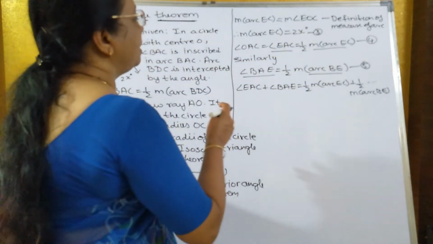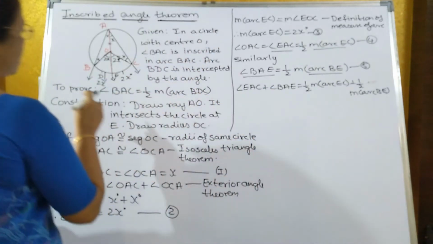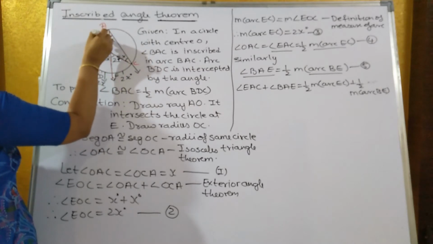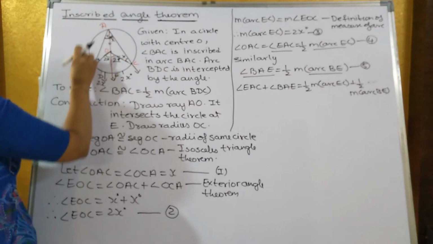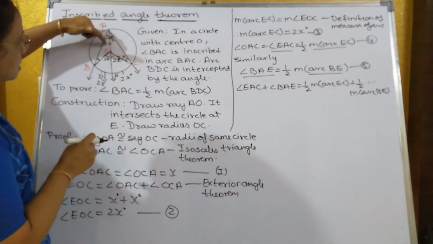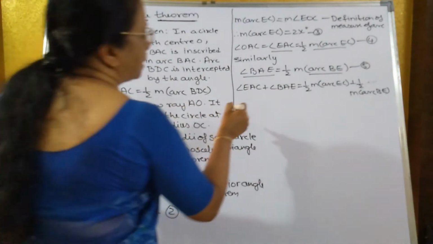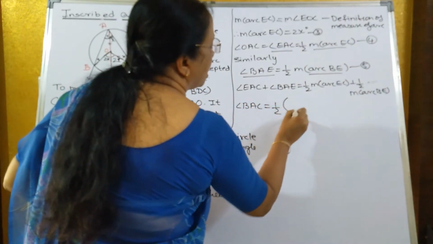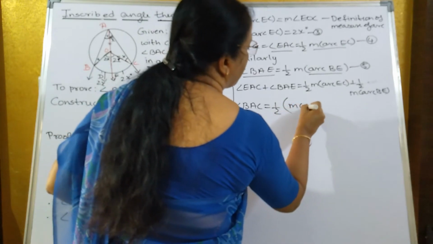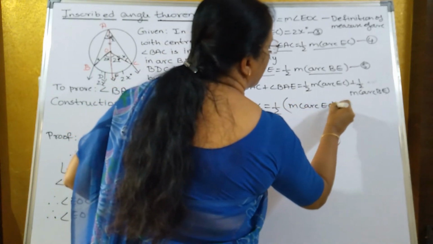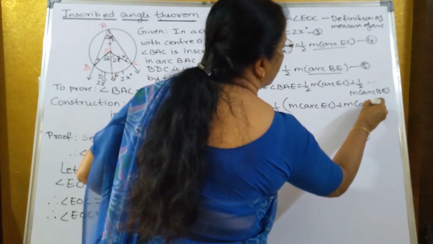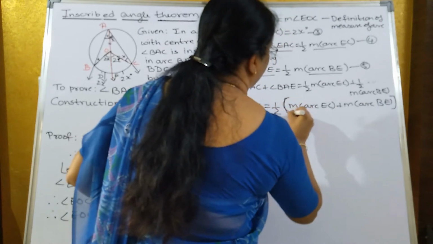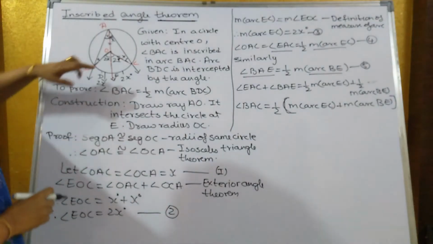Now take the half common, and when you add EAC and BAE together, what does it become? BAC. So this angle plus this angle will become BAC. So angle BAC is equal to half, take half common, measure arc EC plus measure arc BE.